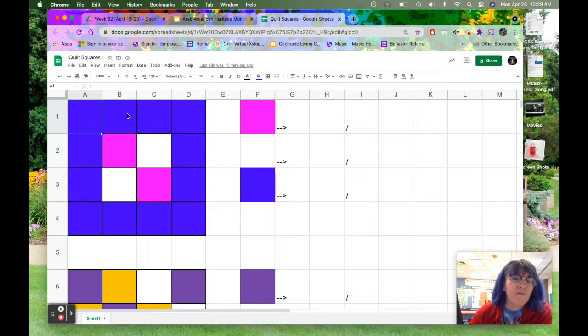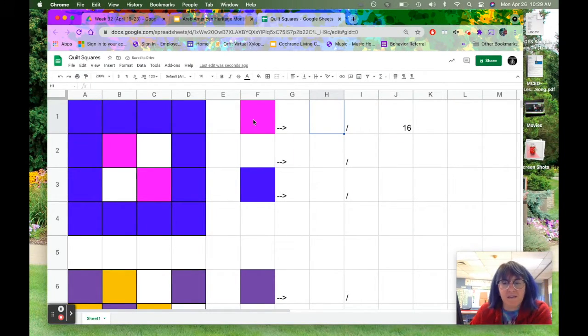So 1, 2, 3, 4, 5, 6, 7, 8, 9, 10, 11, 12, 13, 14, 15, 16. So there are 16 parts in our quilt square. So I'll put that at the bottom of our fraction.